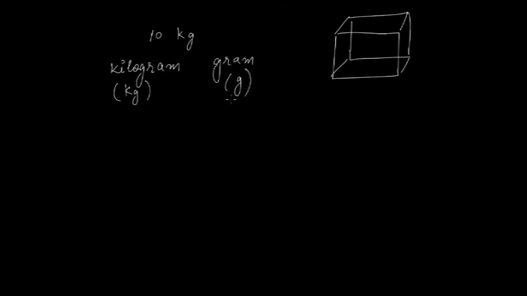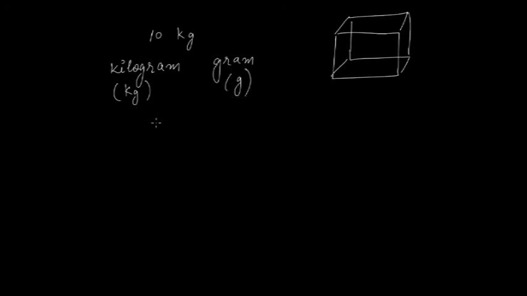And someone says it's a 10 kilogram box, the weight is 10 kilogram. Now there is kilogram, and then there is gram. For kilogram we use kg, and for gram we use g.